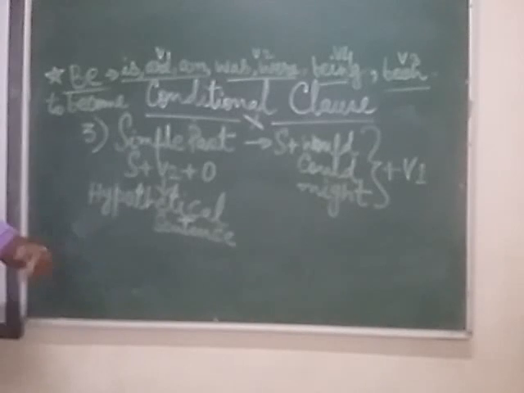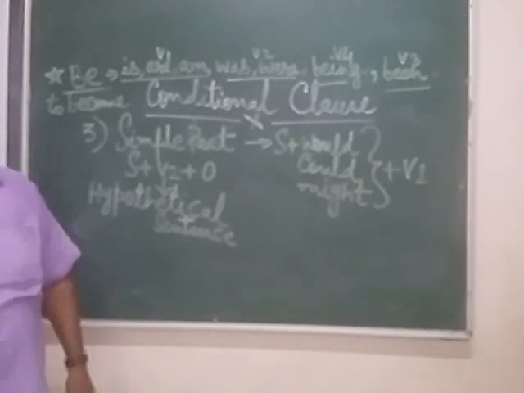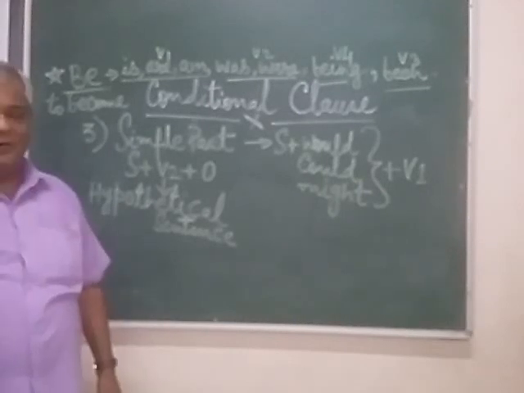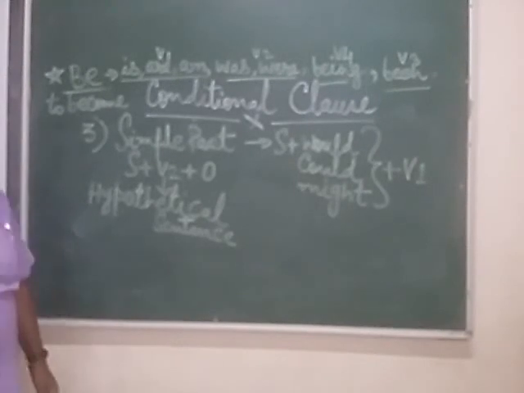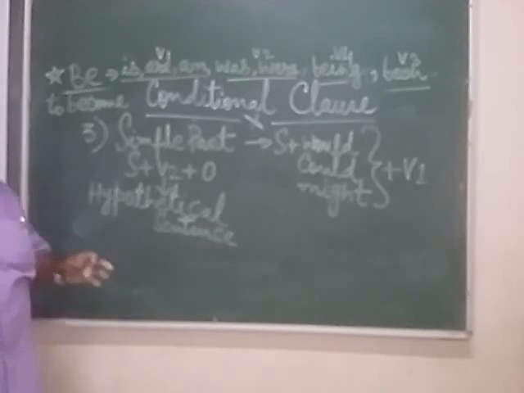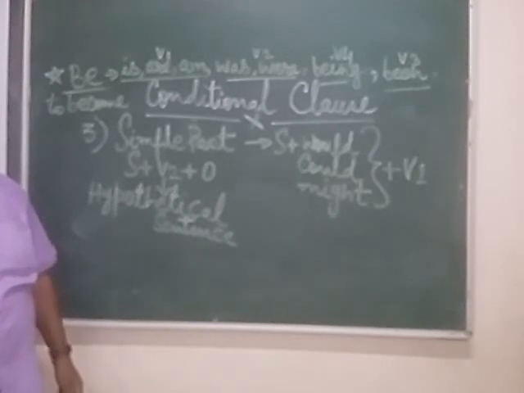So for example, which is not a real sentence, an unreal sentence, like यदि मैं देश का प्रधानमंत्री होता तो मैं गरीबी दूर करता. This is an unreal sentence. At present I am not the PM of the country and I cannot eradicate poverty.